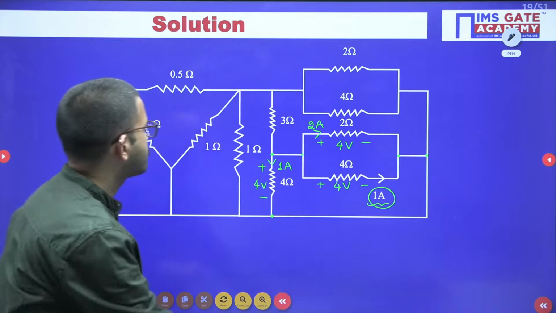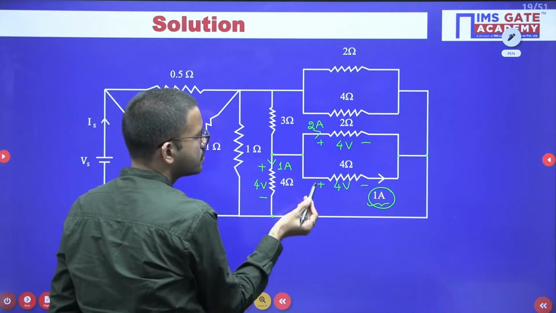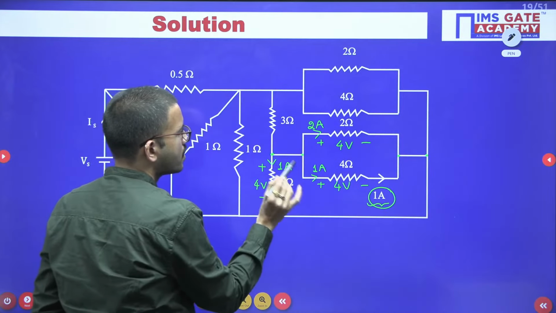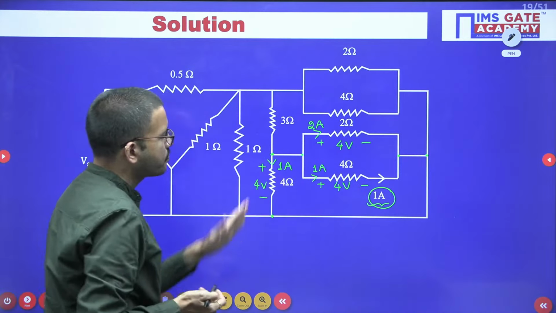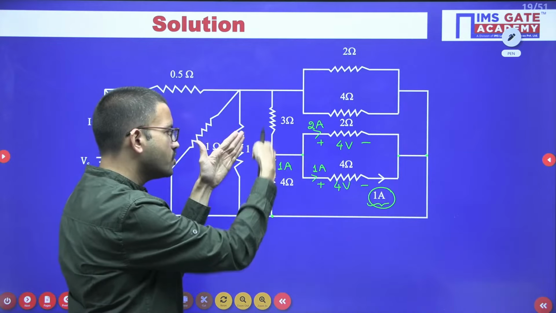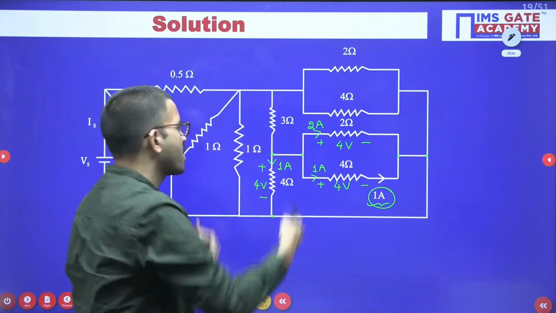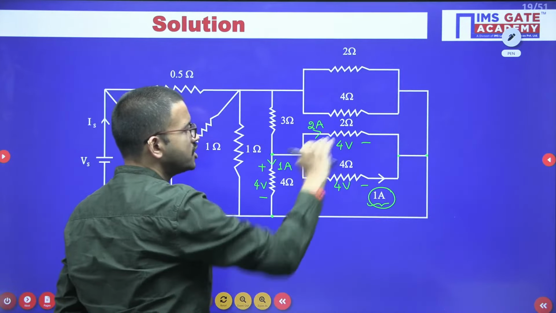Now, here if you observe, you are having one node. From this node, if you observe broadly, you are having 3 resistors connected in parallel. In this branch, 1 ampere current is flowing, in this branch 1 ampere, in this branch 2 ampere.